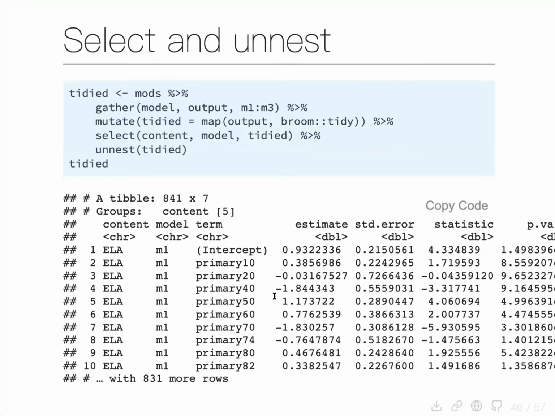I know that's kind of confusing, but basically, when we think about our models, we have primary disability, secondary disability, and then the interaction between those two things. This code on the next slide is to say, okay, where the term is equal to just this thing, right? So either the intercept, primary 10, primary 20, all the way up to primary 90. And if it's anything else, it's going to be dropped from the model.